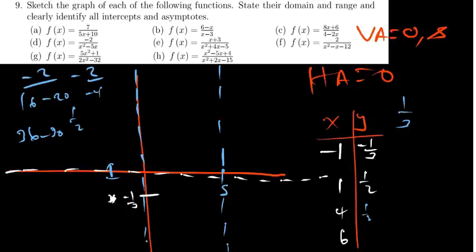So I have 1 comma 1 over 2. In x I have 1. Let's say our 1 is here. Our 1 in x is here, and our y, half in y, let's say it is somewhere here. So I'm going to have this point.